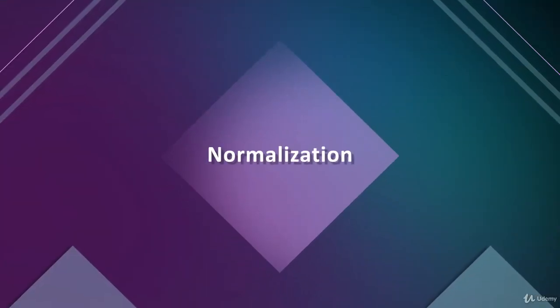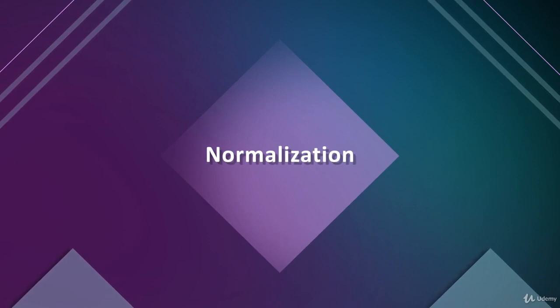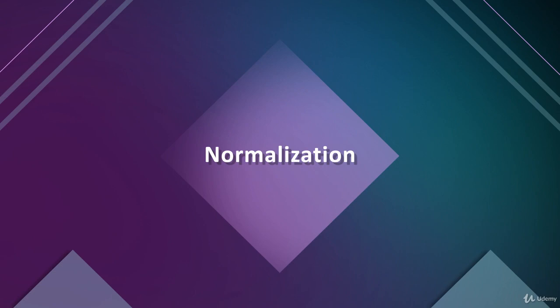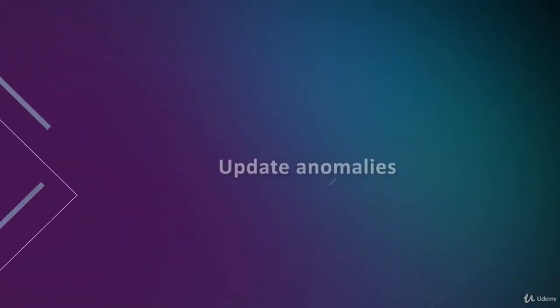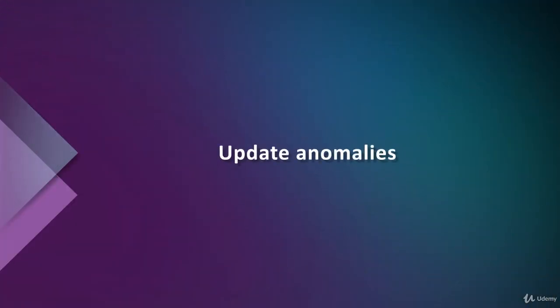Normalization. If a database design is not perfect, it may contain anomalies, which are like a bad dream for any database administrator. Managing a database with anomalies is next to impossible. Update anomalies. If data items are scattered and are not linked to each other properly, then it could lead to strange situations.